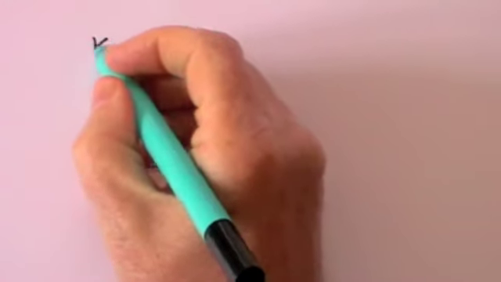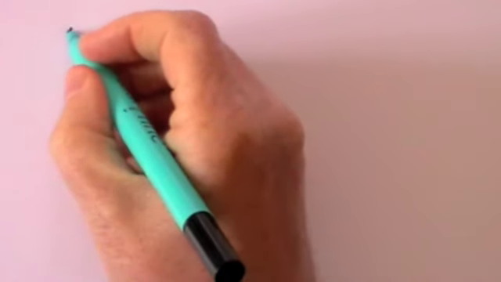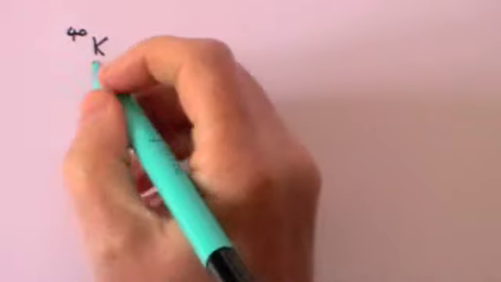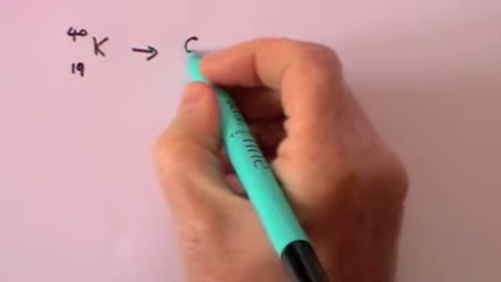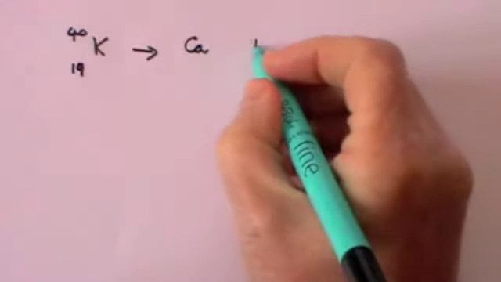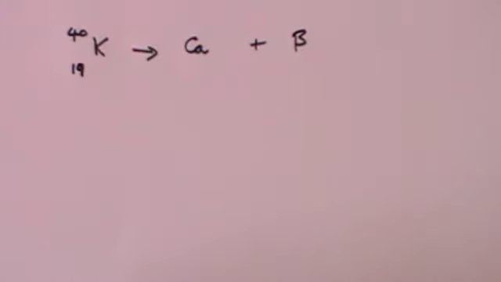Question 9. Potassium, which has 40 nucleons and 19 protons, decays to calcium by beta decay. What is the equation? Well, again, we were given that potassium has 40 nucleons and 19 protons, and we are told that it decays to calcium plus a beta particle.